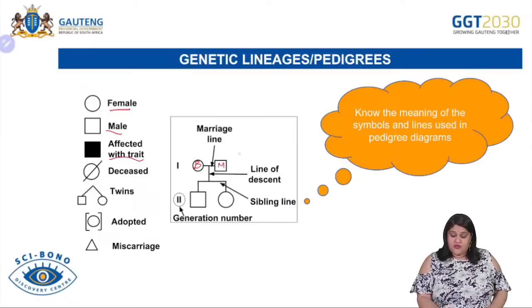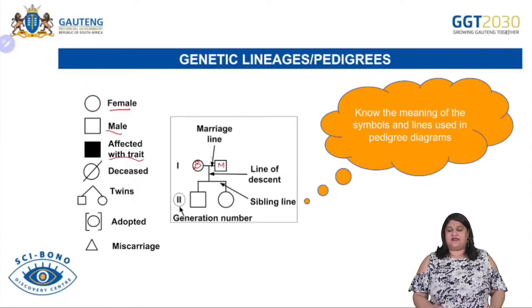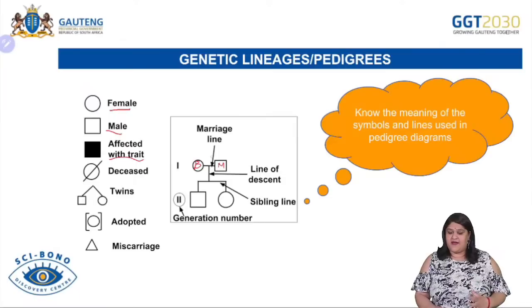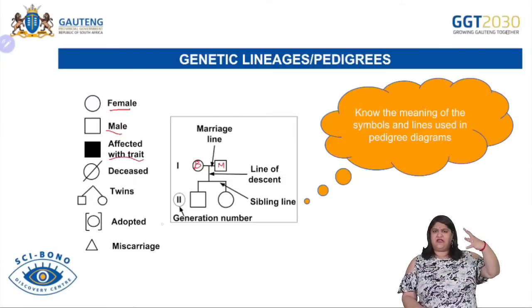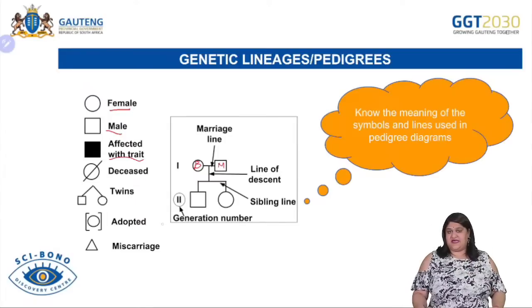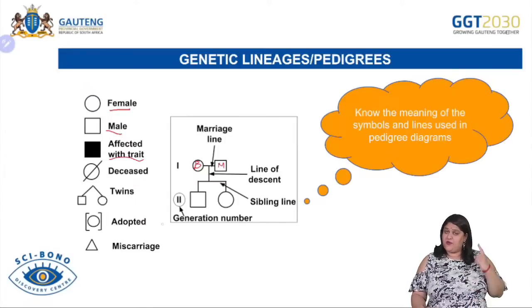But the important thing to understand here is that it's not always sex linked. Even though it's a monohybrid cross, and because they're showing you a male and a female, for some reason learners think that this is now going to be sex linked. Not necessarily. Remember what I told you, they will indicate to you.